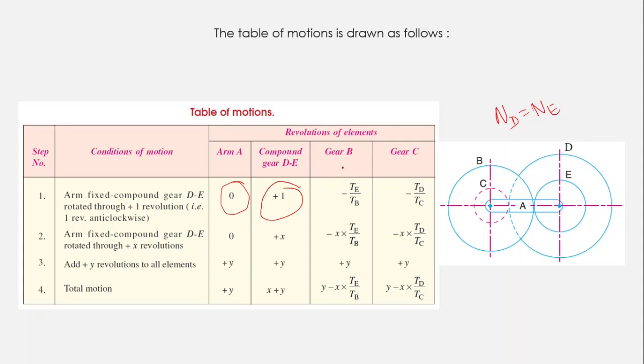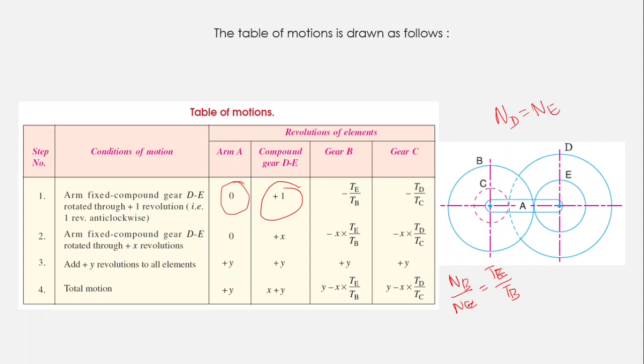Then for gear B, we know that gear B is directly meshed with gear E. Then NB by NE is equal to TE by TB, that means NB is inversely proportional to TB.